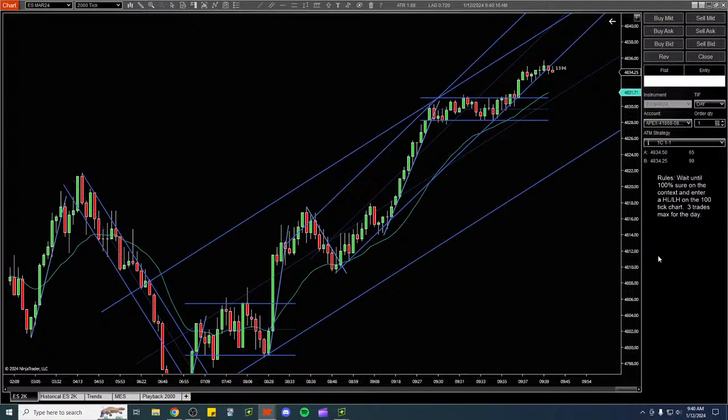So it looks like I might have caught that last little tidbit of that move. So it looks like this trend might have broken, but it's sort of uncertain right here.